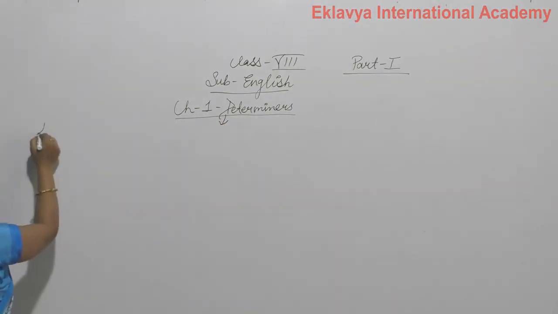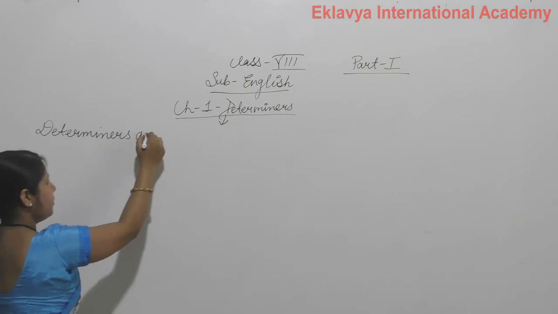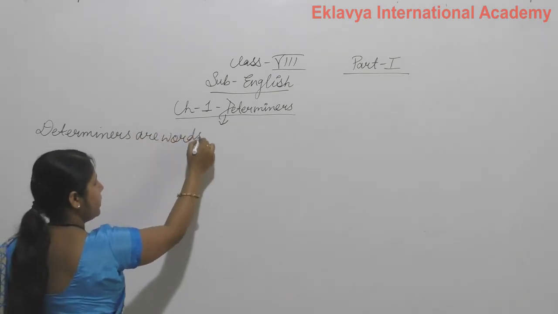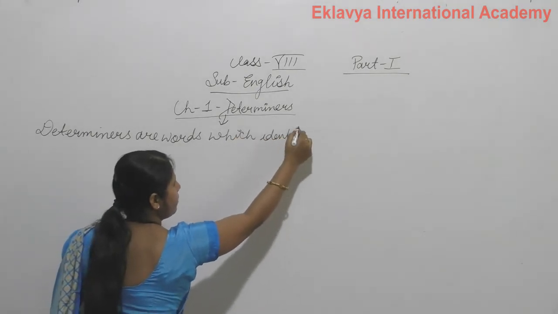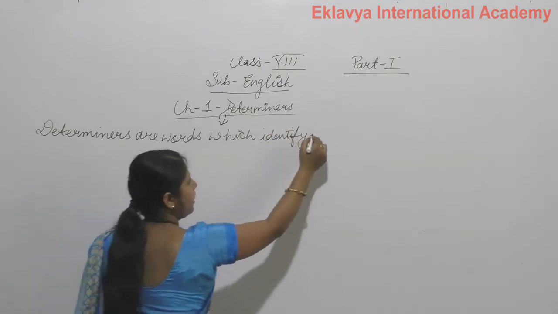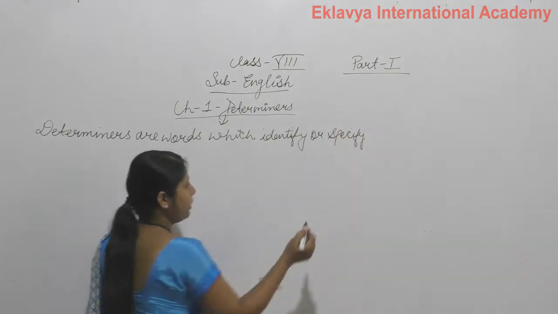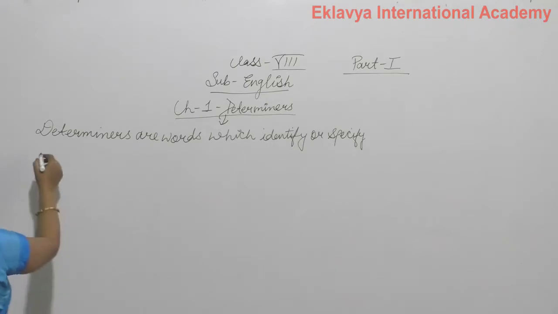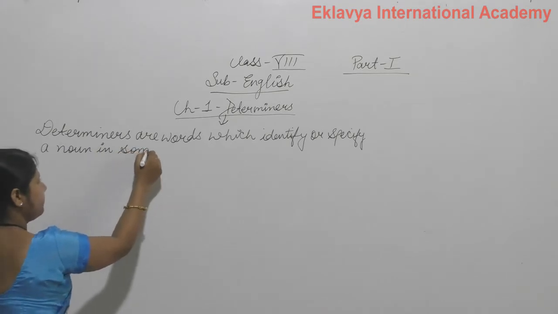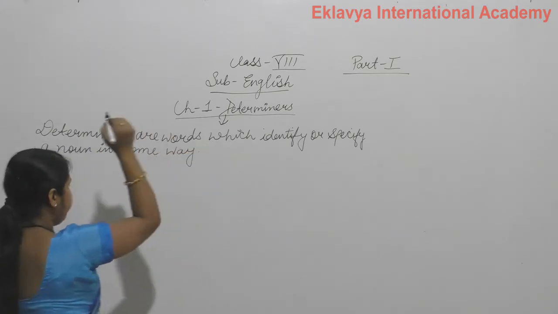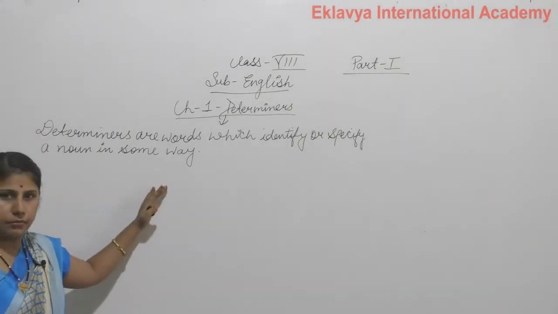You all write: Determiners are words which identify or specify a noun in some way. Now this is the definition, this is the meaning of determiners.